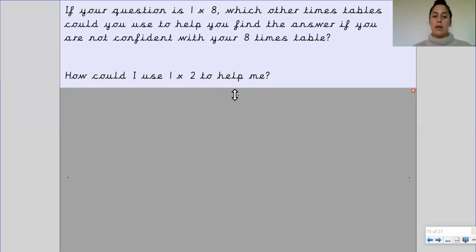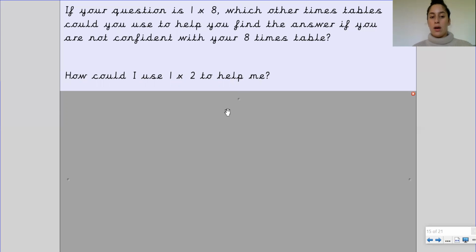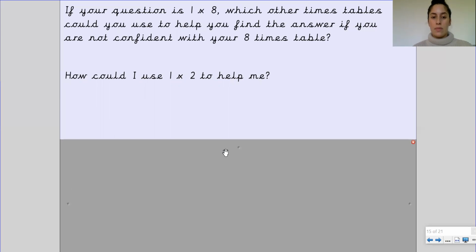Well, how could you use the 2 times table to help you? So if you know that 1 times 2 equals 2, how could that help you with the answer to 1 times 8?